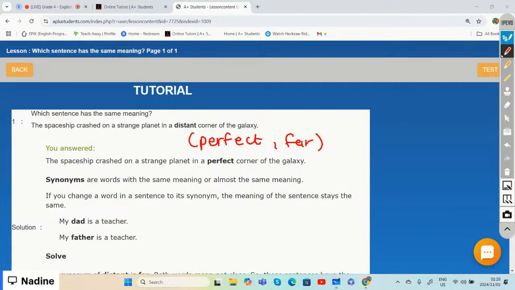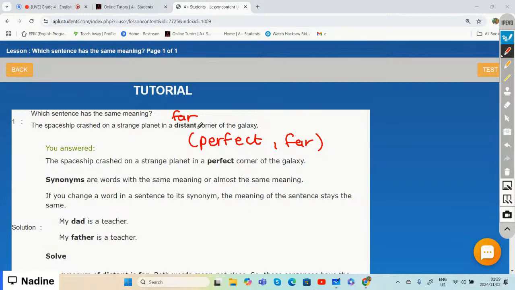Is it far or is it perfect? And if we were to choose the correct sentence, then yes, we will say the spaceship crashed on a strange planet in a far corner of the galaxy.